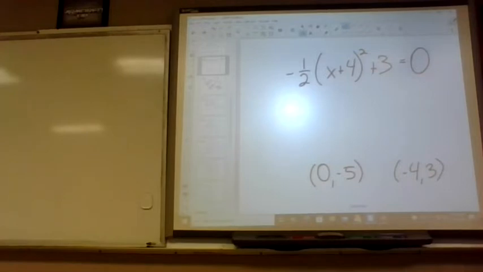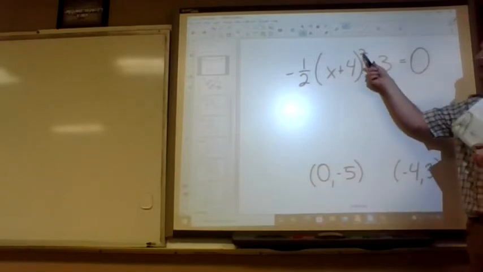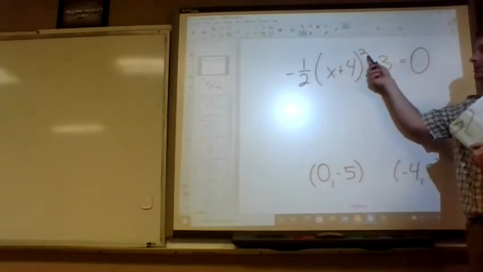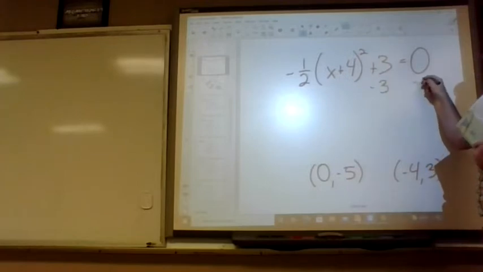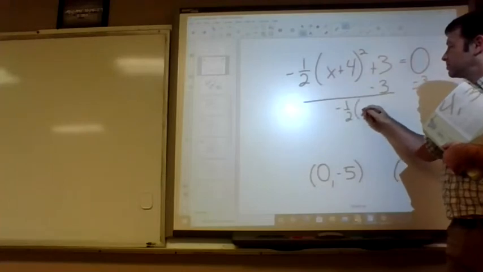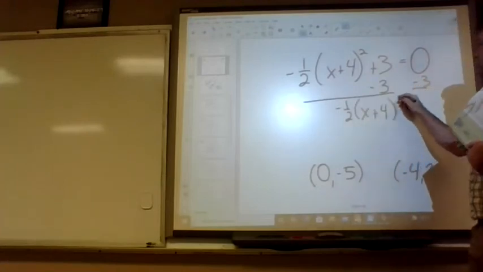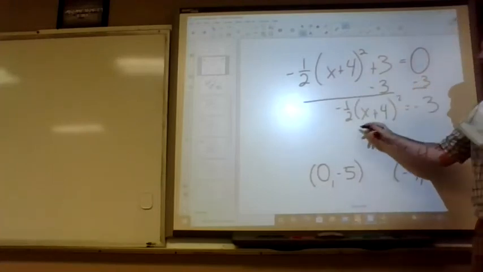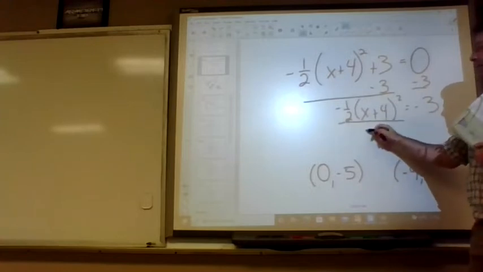I got the parentheses by itself, the squared thing by itself, and then I square rooted both sides. So I'm going to subtract 3, and divide by negative 1/2.